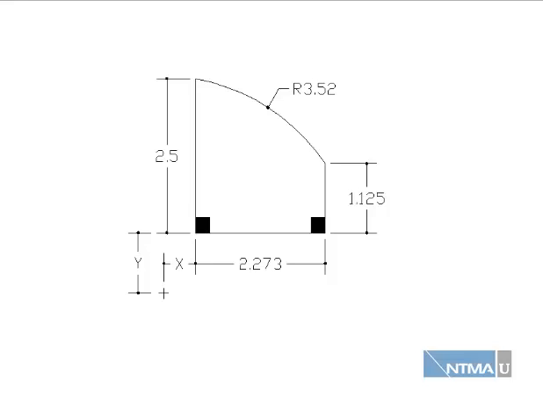Well, when we look at this, the first thing we know is we've got several numbers here. We've got a radius here of 3 inches, 520 thousandths. We have a height here of 1 inch, 125 thousandths. We have a length here of 2 inches, 273 thousandths, and we have a height here of 2 inches, 500 thousandths.